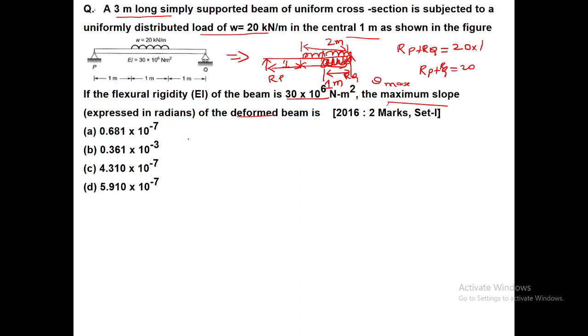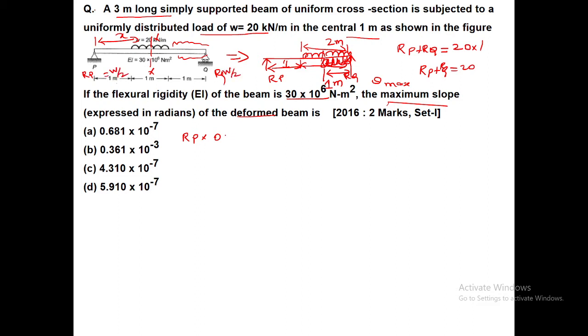So first we take moment about point RP. This is symmetrical, the section is X. So RP into 0, it is symmetrical, W by 2.